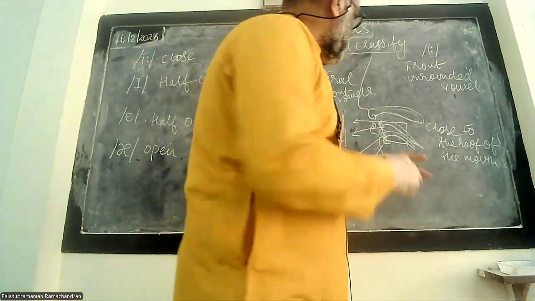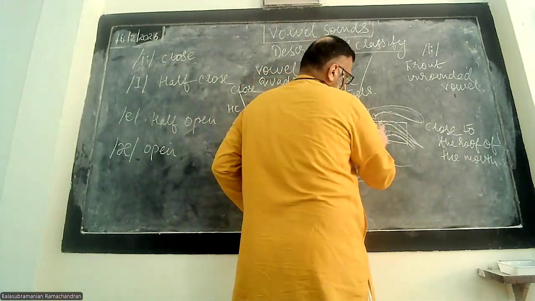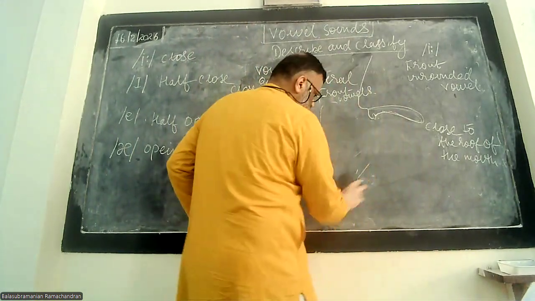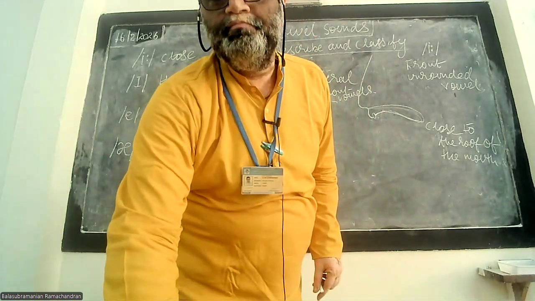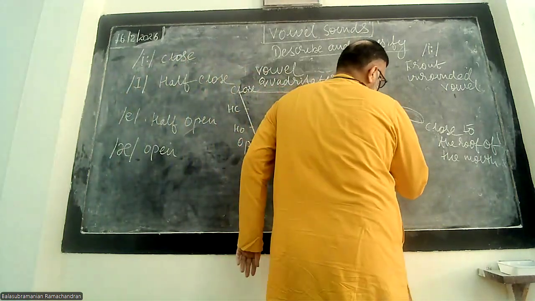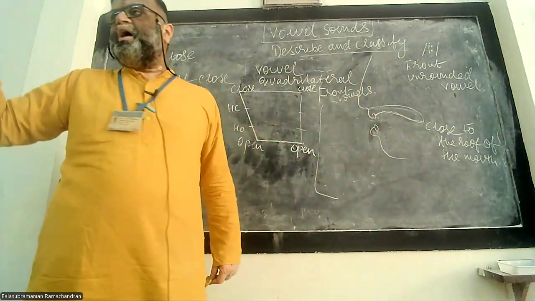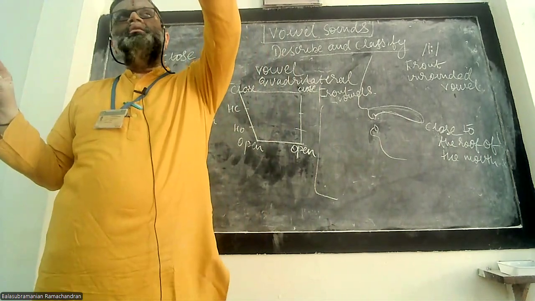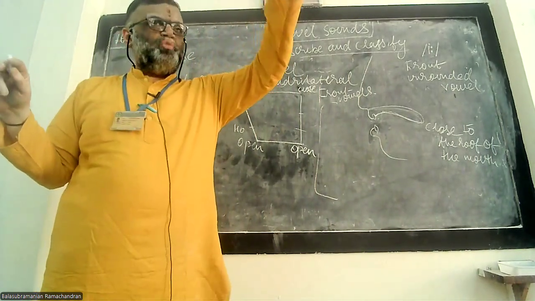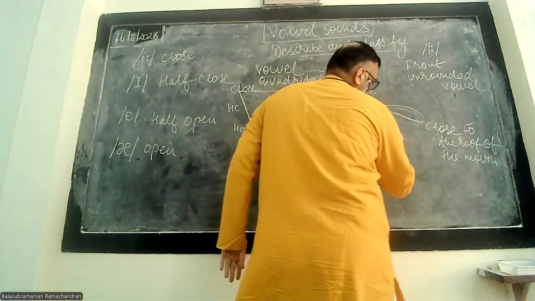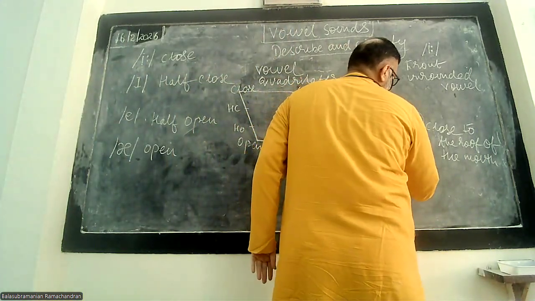Quickly, just observe what I'm doing, and then you'll understand how the back vowels are produced. There are 4 front vowels. Now we are looking at the 5 back vowels.